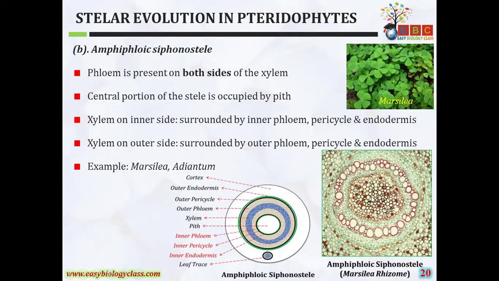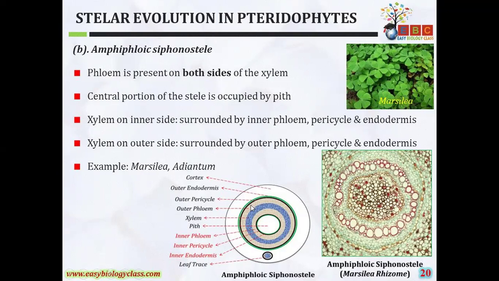You can see the central pith region, and here a round of xylem. This part below the xylem is one phloem ring, and outside the xylem is another phloem ring. One more important point to discuss is the presence of endodermis and pericycle, which are also distributed on both sides. The endodermis and pericycle surrounding the pith we call the inner pericycle and inner endodermis.